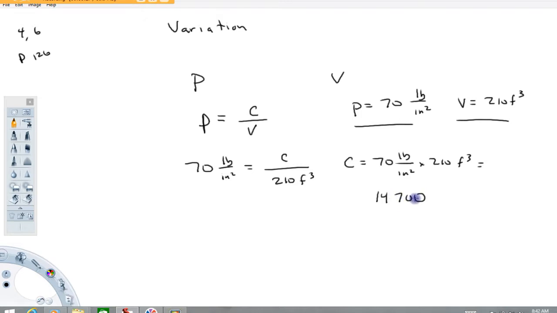Now I'm going to be real careful with the units here: pound foot cubed over inch squared. I think we'll be just fine leaving these units just the way they are. So we can rewrite our equation: P equals a constant, 14,700 pound foot cubed over inch squared, over V.